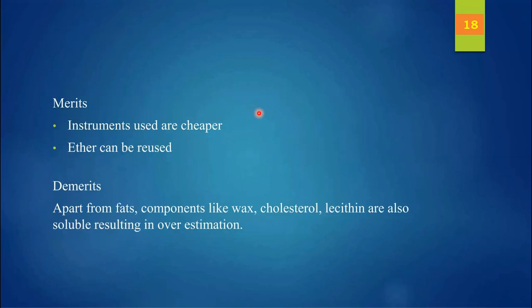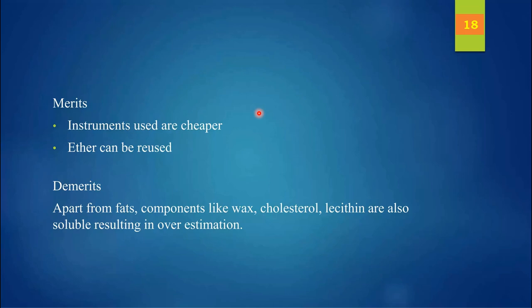Then the merits of this test are that the instruments used are cheaper. Simply, you can use the cheap equipment as these were standardized in the good old days, so the manufacturing costs and craze have also gone. The ether which we are going to use here to dissolve the fat can be recycled once again.